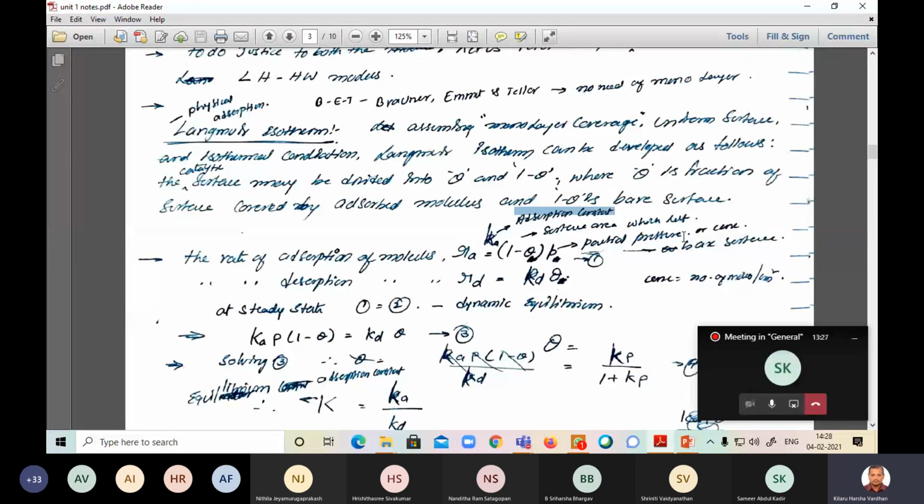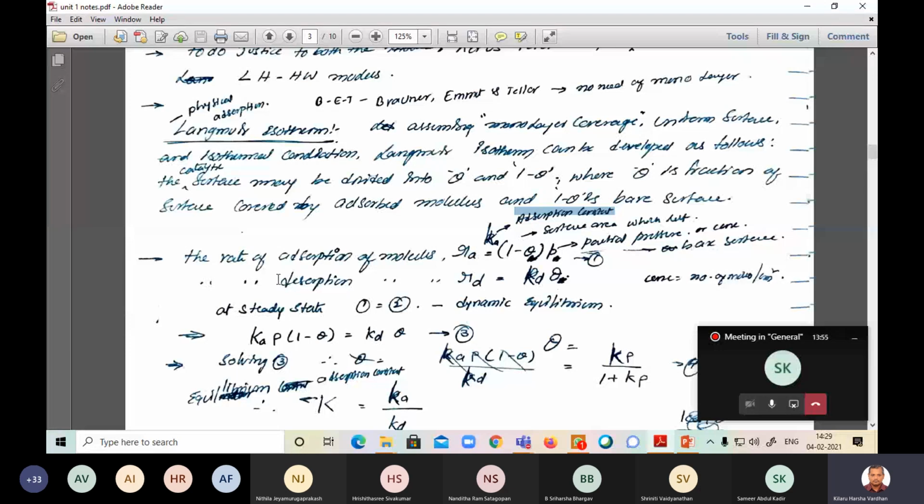You can write in terms of concentrations or pressures. If you are writing in terms of concentration, it will be C. And if you are writing in terms of partial pressures, it will be P. So this is how you write the rate of adsorption. Rate of adsorption is nothing but some constant which is called the adsorption coefficient into 1 minus theta, that is the surface on which it is adsorbed, into the partial pressure or the concentration.